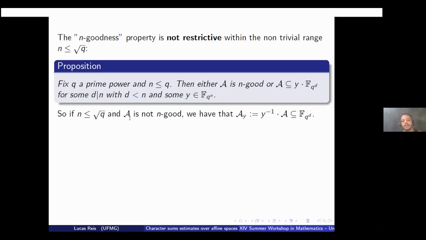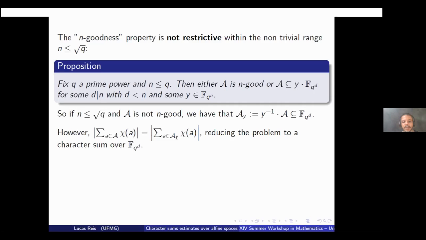So A_Y, I just define as taking the same Y here, Y minus 1 times A. Since A is contained in this vector space, we have A_Y containing F_Q^d. Essentially, I just take the character sum over A, which will be the same over A_Y, but now A_Y is an affine space containing F_Q^d, so I can try to apply the theorem again.